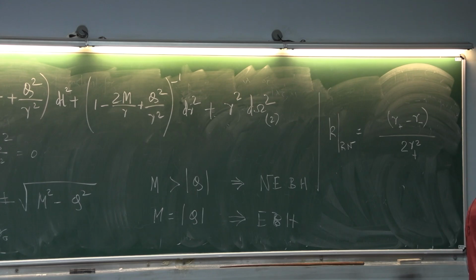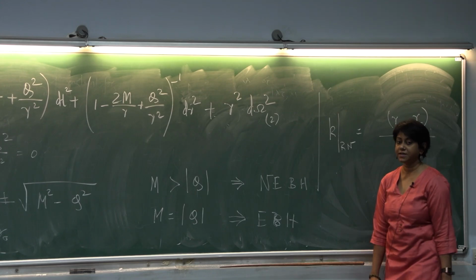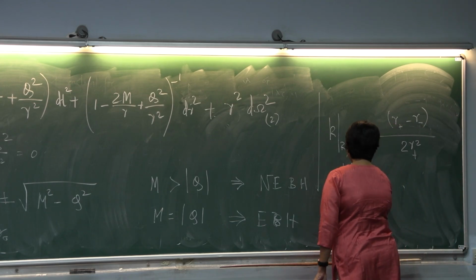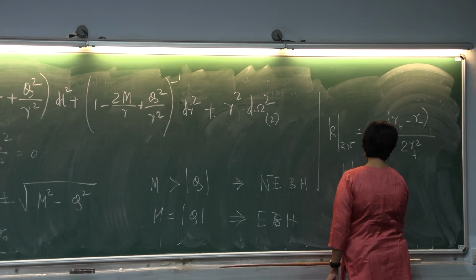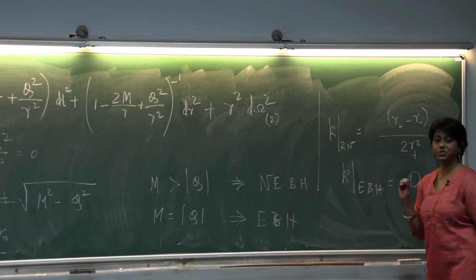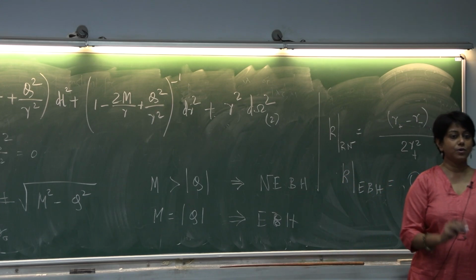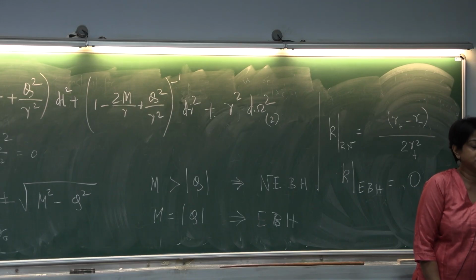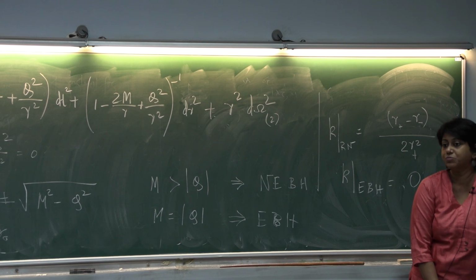And it is already evident to you that if I plug in r plus equals r minus in here, then of course the surface gravity corresponding to the extremal Reissner-Nordstrom black hole turns out to be 0. And therefore there is no thermality, at least for this degenerate horizon structure, that is for the extremal Reissner-Nordstrom black hole.